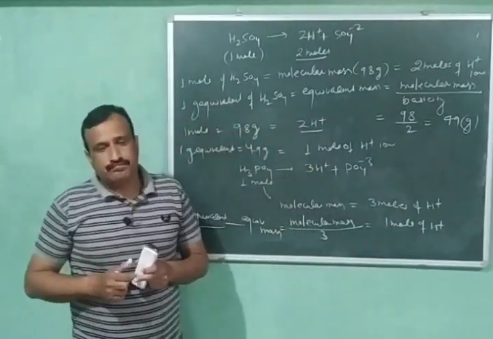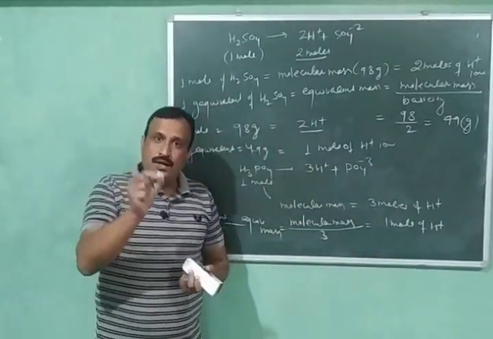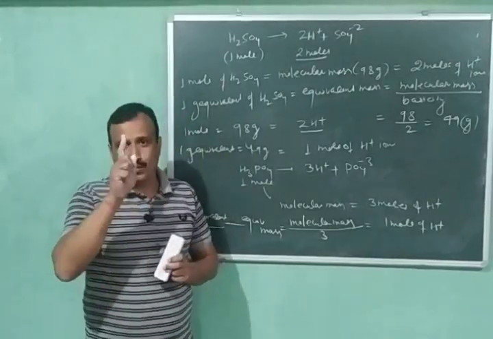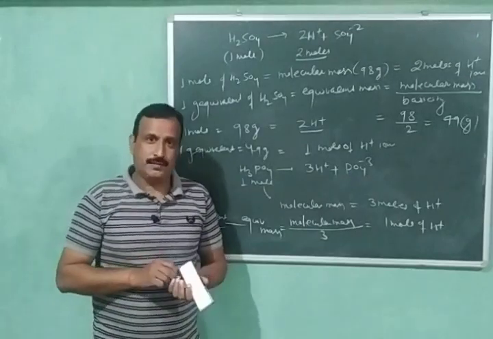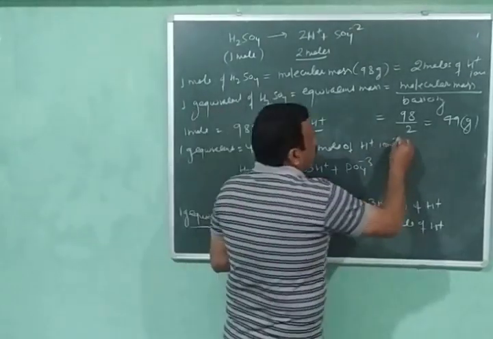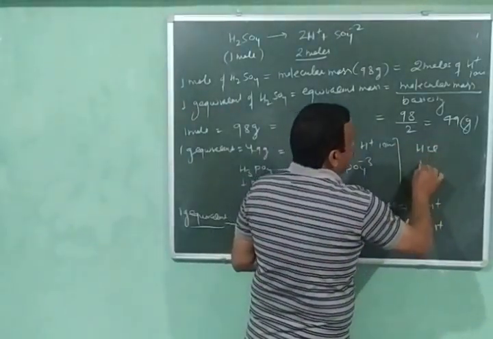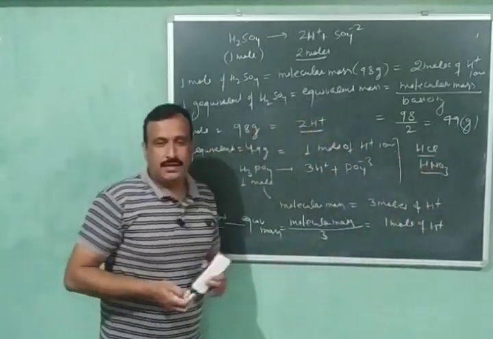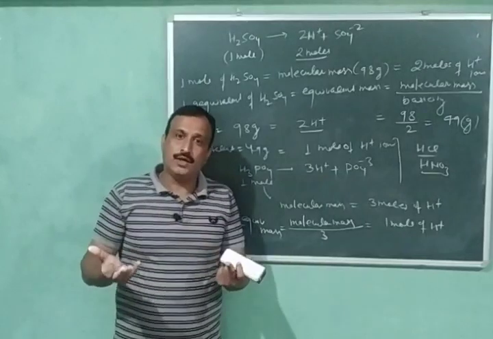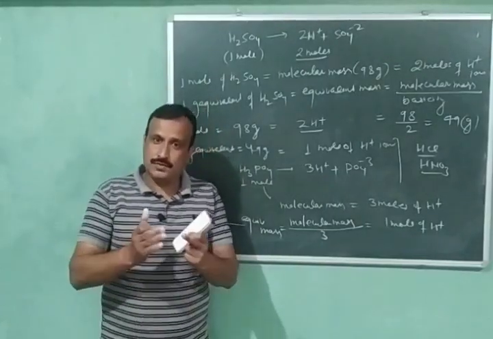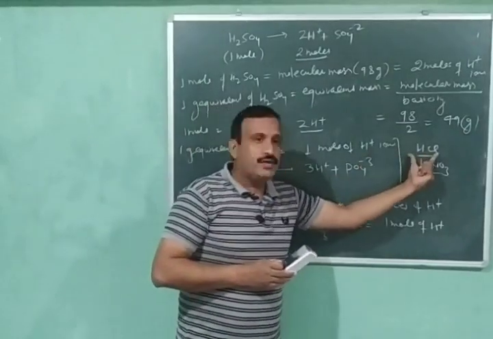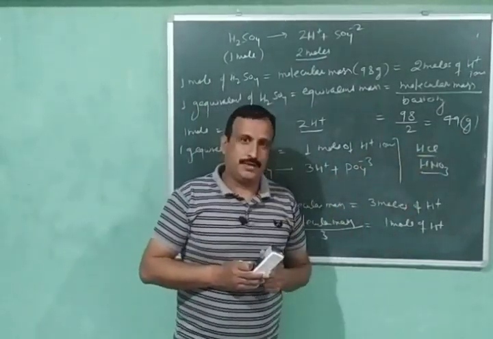So keep in mind forever that 1 gram equivalent of an acid will always give us 1 mole of H positive ion. And the acids like your HCl or nitric acid, they are monobasic. Their molecular mass and their equivalent mass will be same because they are monobasic. Their basicity is equal to 1. So they will always give us 1 mole of H positive ion.